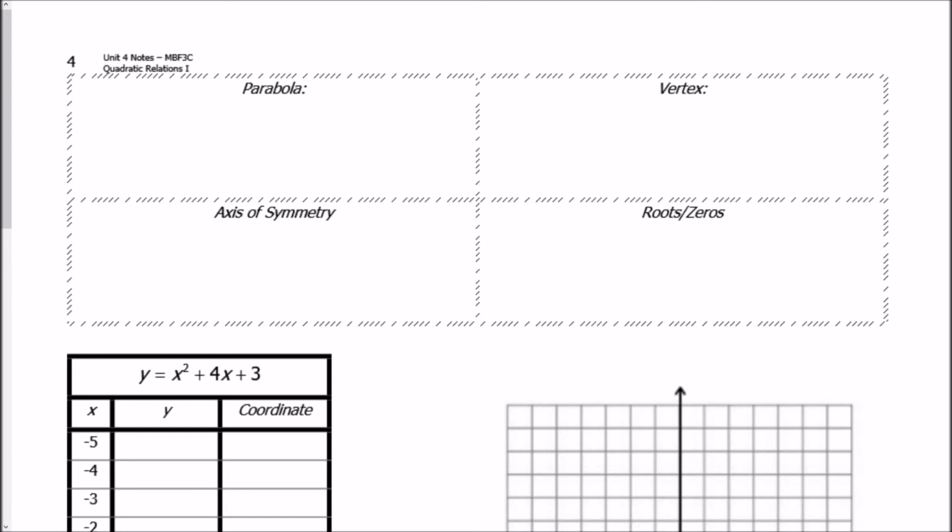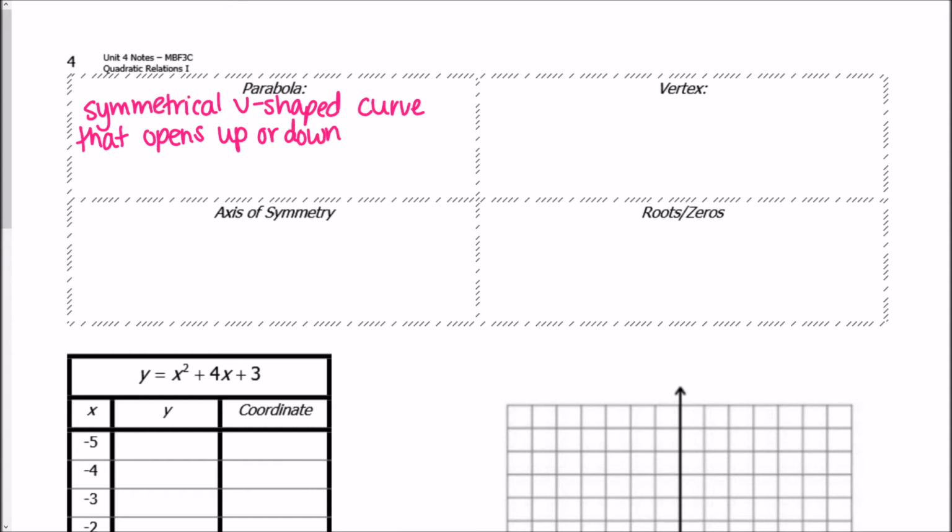It's a symmetrical U-shaped curve that can open up or down, and it's essentially just a graph of a quadratic relation. So it's either going to look like this or it's going to look like that.